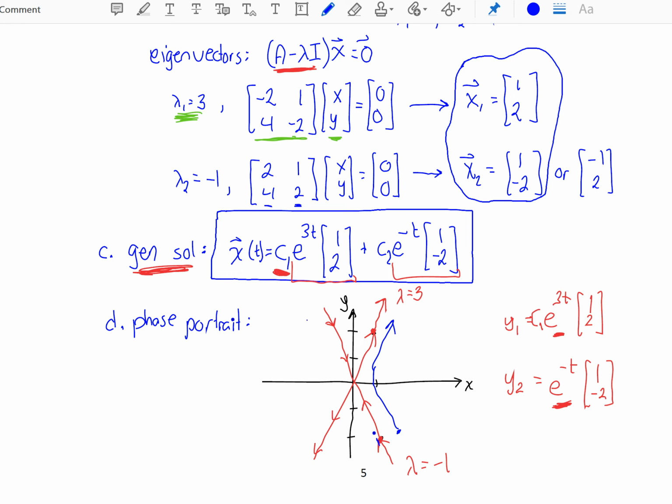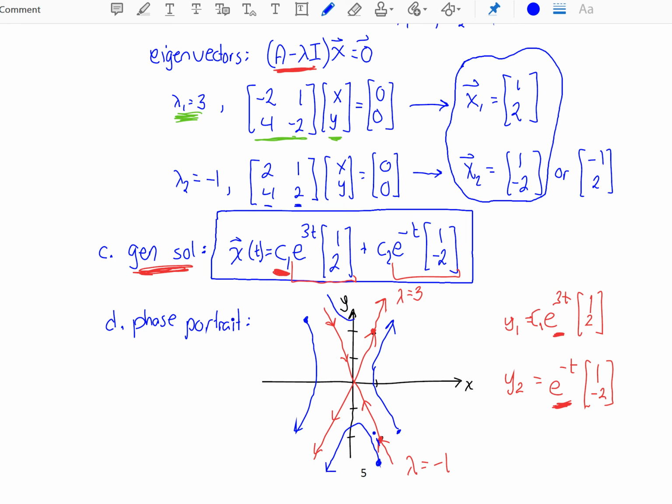Similarly, if I had an initial condition that started somewhere out here, it would want to be pulled by the lambda negative 1 vector until some point that the other vector, lambda equals 3, will pull it in that direction. So it might look something like this. If we had an initial condition that started in this region, it'd get pulled this way until it got pulled the other way.